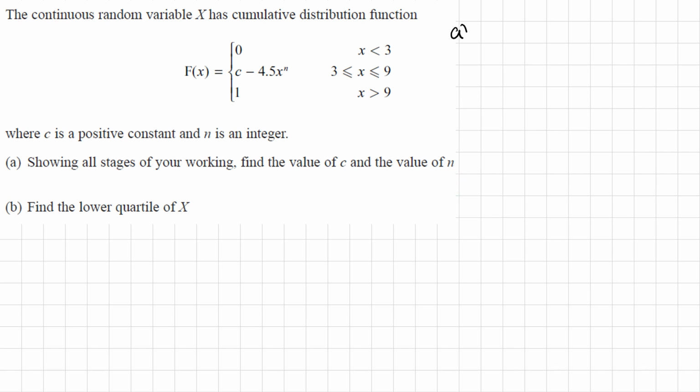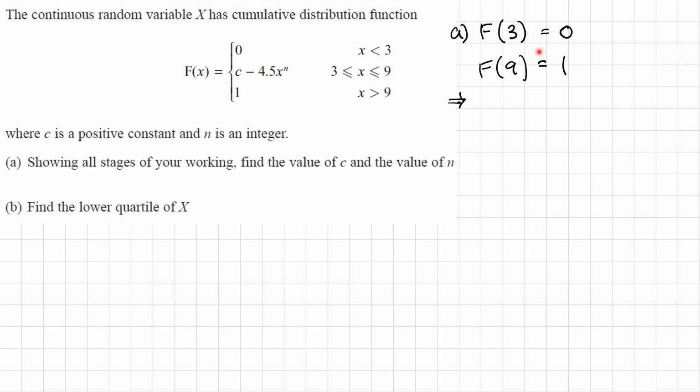Now what we'll do is we'll start with the fact that F(3), so this small value here, is going to equal 0, cumulative probability of 0, and F(9), the largest value of x, is going to equal 1. So we can use that to form some equations and then use those equations hopefully to solve simultaneously. Right, so let's start with the first one.